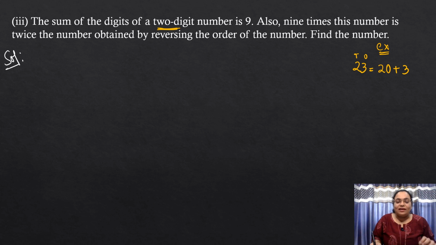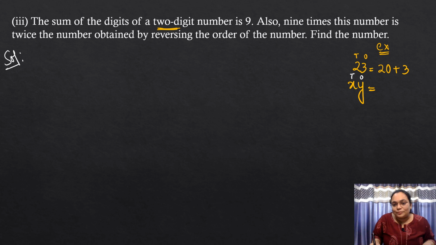In the same way, we will assume the 2-digit number's digits to be x and y. So, if you see these numbers, y is in the ones place and x is in the tens place. Yes? So, how do you write the expanded form for this?